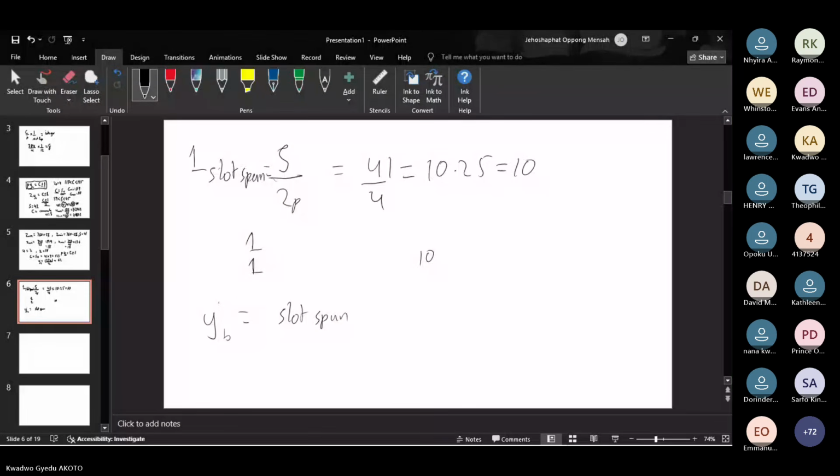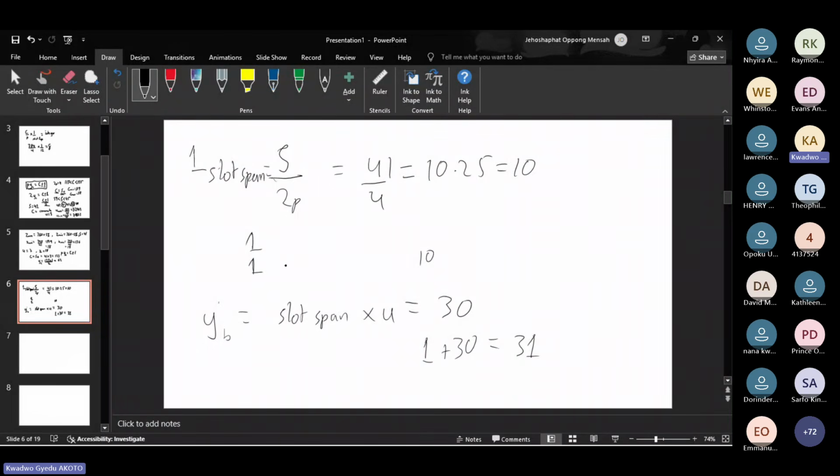YB is equal to slot span times U. We have slot span to be 10 and U to be 3, so our coil pitch is going to be 30. So if we start from coil 1, its bottom conductor is going to be 30 conductors away from it, so bottom conductor 31.